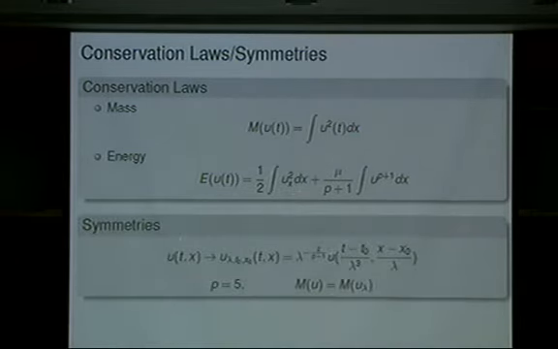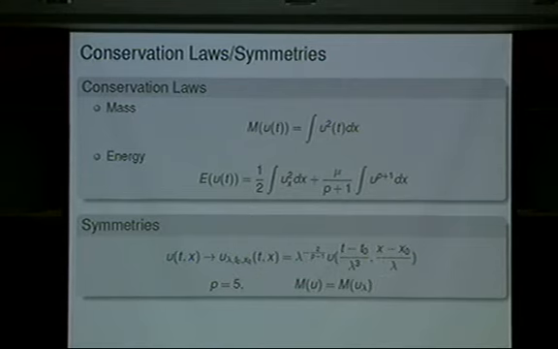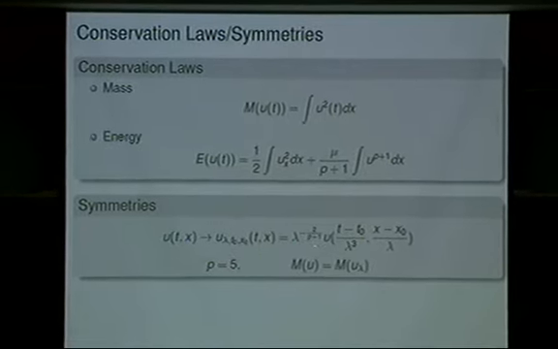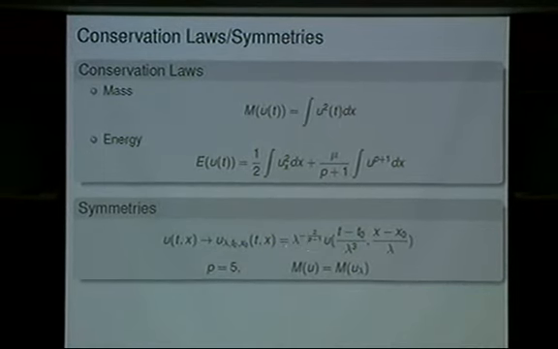Such an equation also enjoys symmetries. One is obviously spatial translation and time translation, and also scaling. When you say u_lambda is the scaled solution, then when p is 5, the mass of u_lambda is the same as the mass of u.